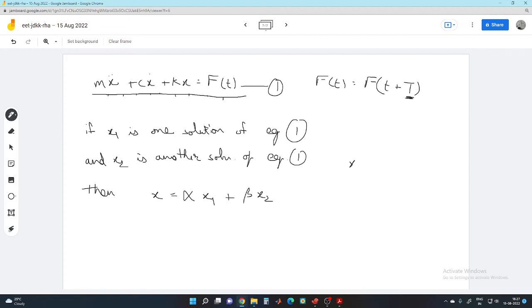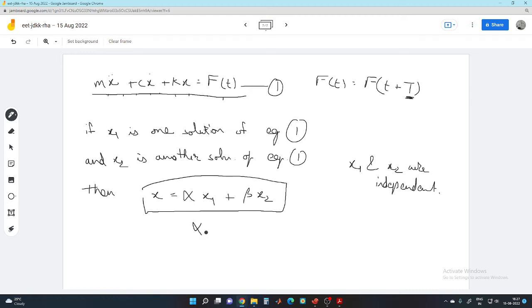We are assuming that x1 and x2 are different functions, linearly independent functions. So then this linear combination, by taking alpha and beta as constants, is also a solution of the above equation. Do you guys need me to prove it, or can you accept the result?